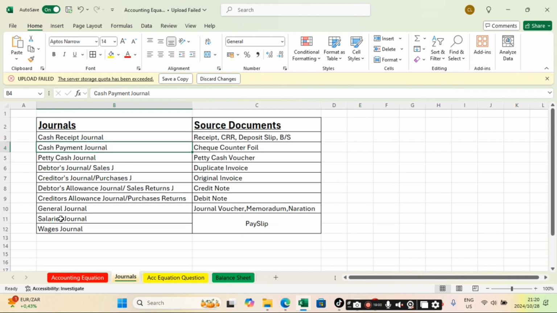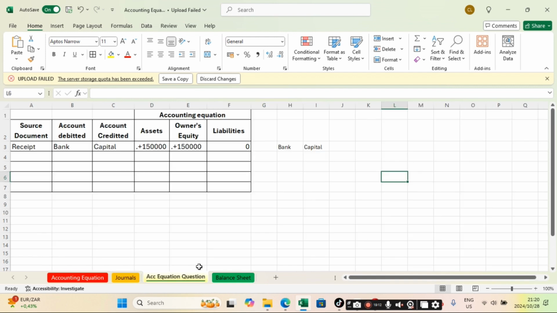So this one affects our general journal. So you can say journal voucher. These are source documents. There's your source document. So you can say memorandum. Okay, so let's just say memo.